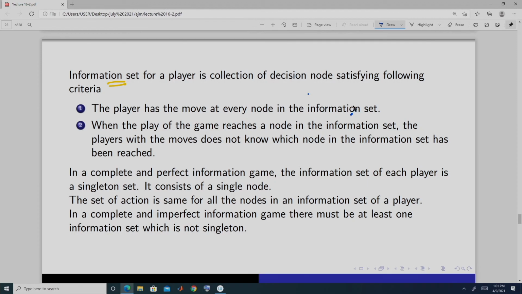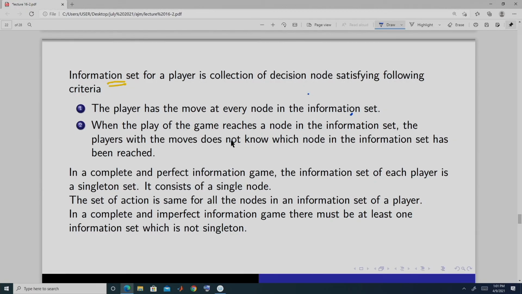So, the player will never know in which node it is lying, because player 1 will not observe the history if there are multiple nodes in an information set, all the previous histories. So, when the play of the game reaches a node in the information set, then the player with the move does not know which node in the information set has been reached. Okay. So, these definitions have been taken from Gibbons, A Primer in Game Theory. You can follow from there also. Okay.